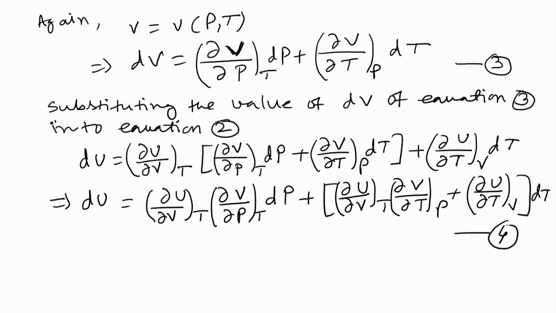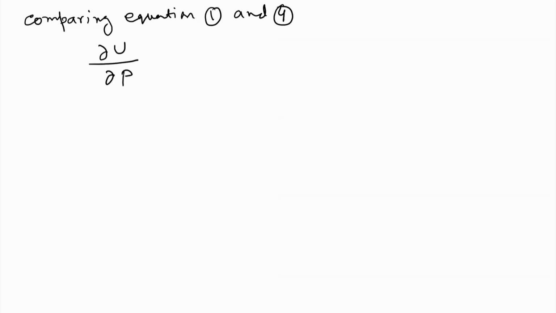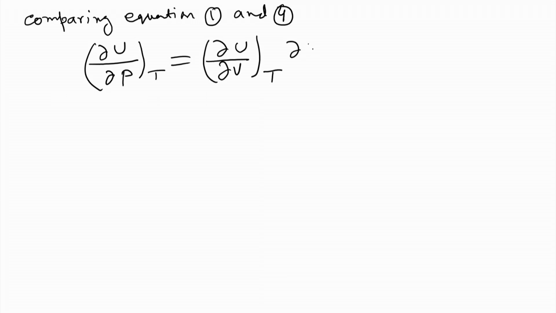Now, if we compare equation 1 and equation 4, we obtain del U by del P at constant temperature is del U by del V at constant temperature times del V by del P at constant temperature.